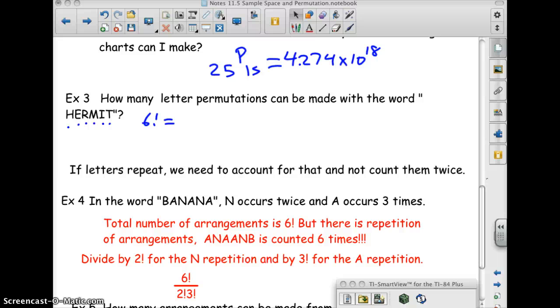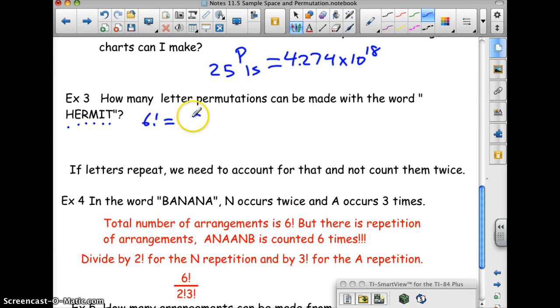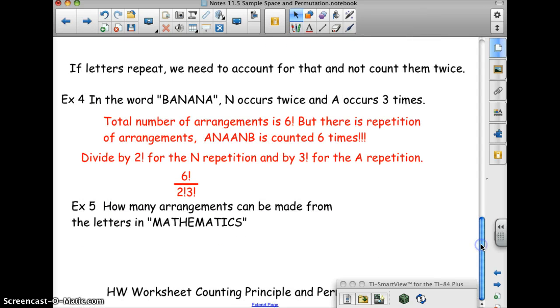And 6 factorial is equal to 720. 720. Okay.